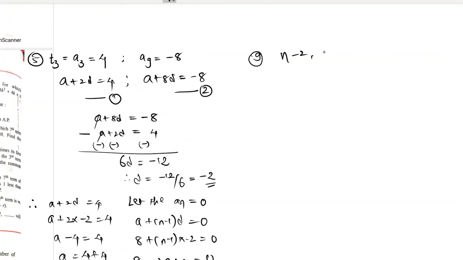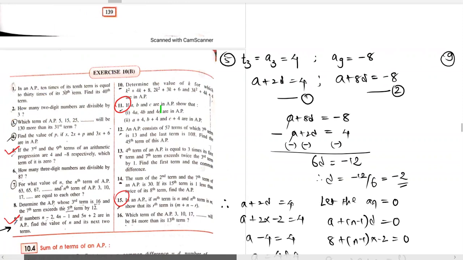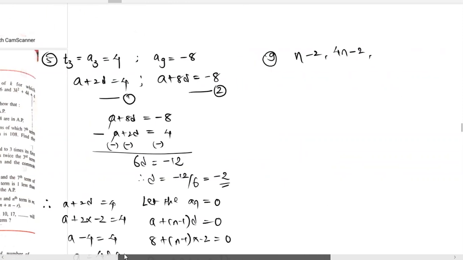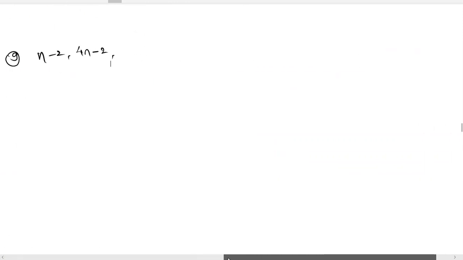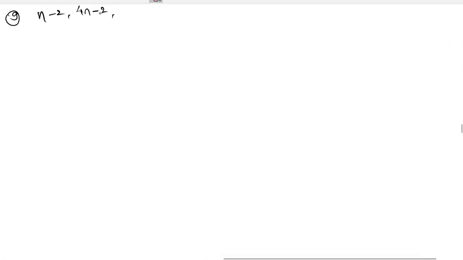N minus 2, 4n minus 1, and 5n plus 2. These three numbers are in AP.